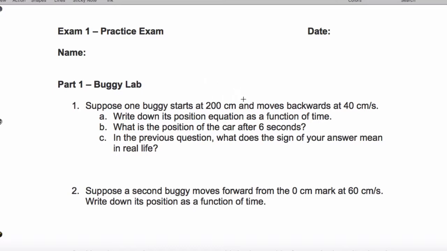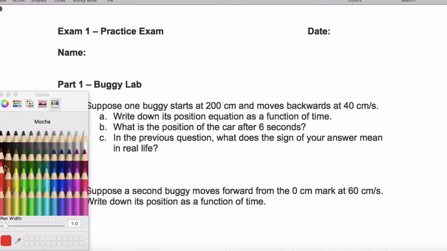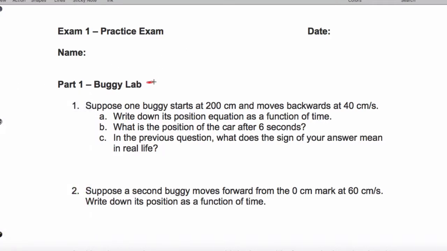So first thing, when we're writing down equations of buggies, I want to just review something. The buggy lab equation that we came up with, just to recall, was a linear equation that describes the position as a function of time for the buggy.